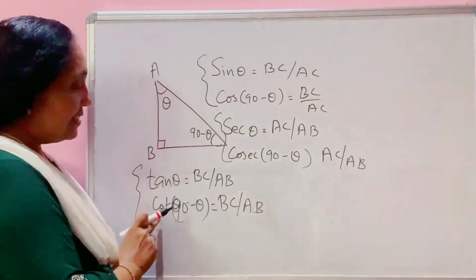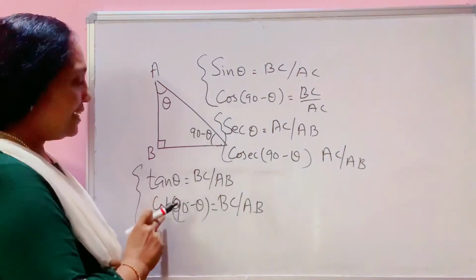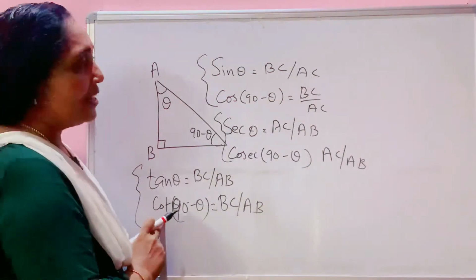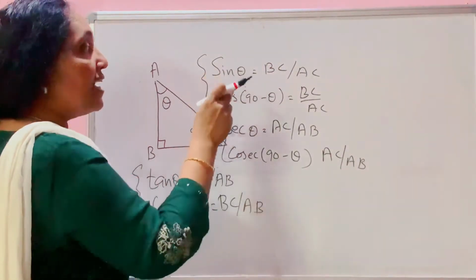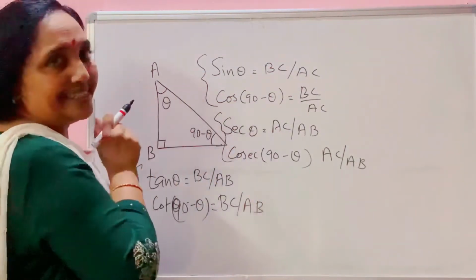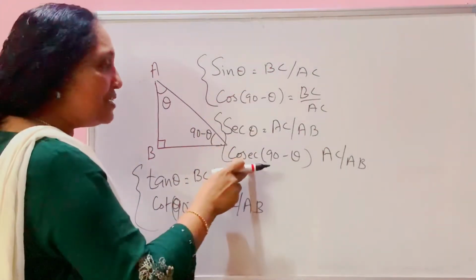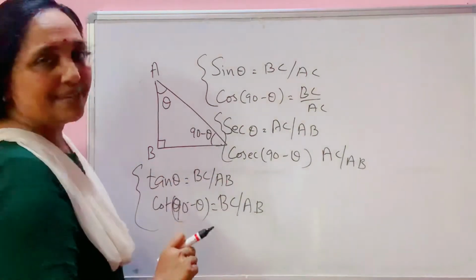Tan and cotan are co-ratios. So similarly you can find out cos theta and sine of 90 minus theta, then cosec theta and sec of 90 minus theta, then cot theta and tan of 90 minus theta.